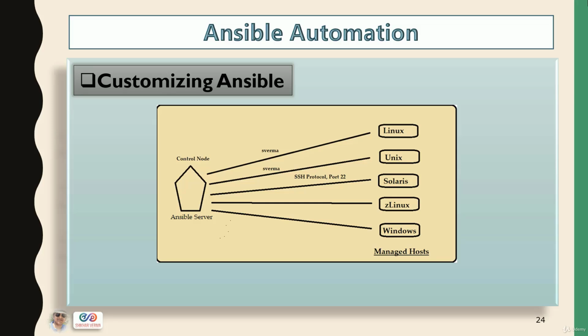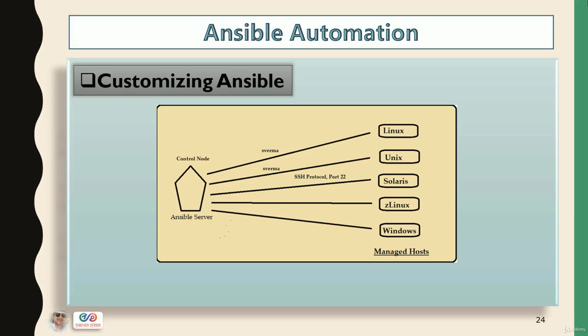Now suppose I need to perform patching on my client machine via Ansible. So here, can a normal user perform patching? The answer is no, because patching requires administrative privilege, or we can say only the root user can perform the patching on the client machine.